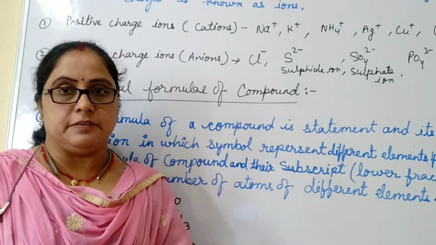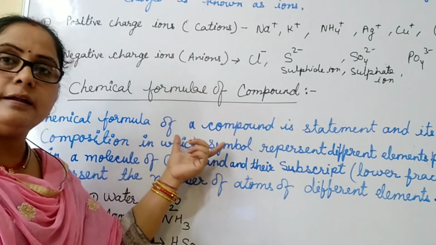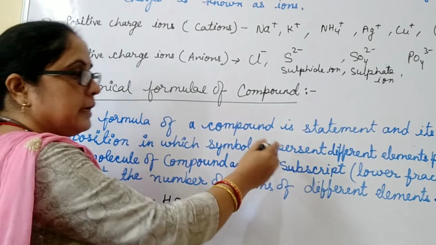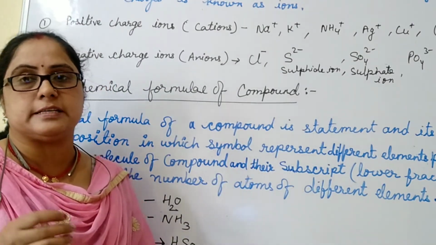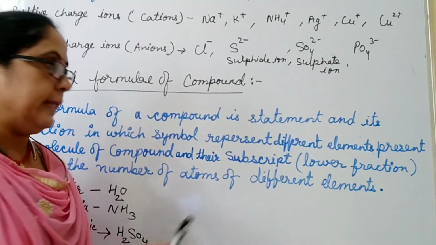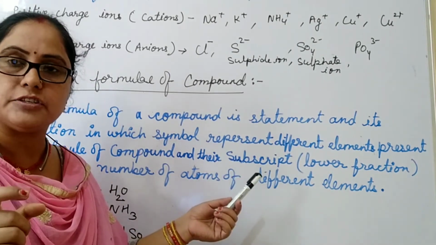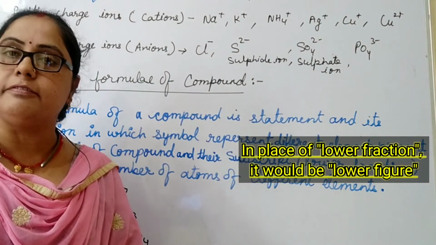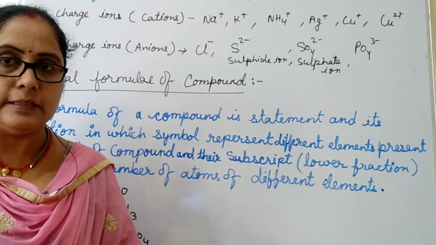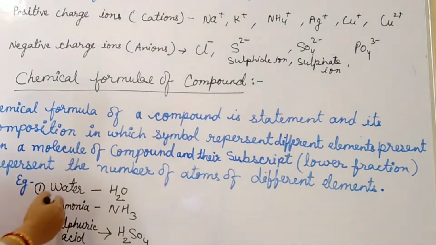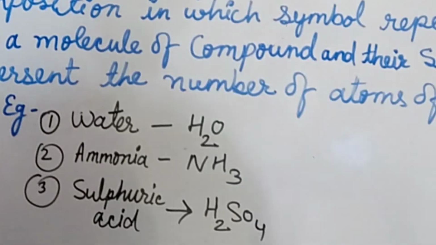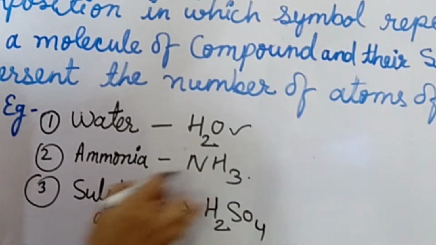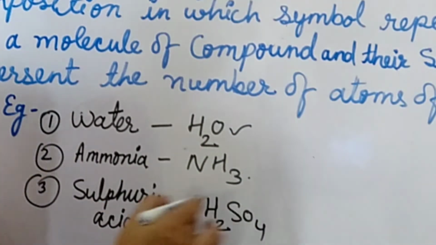Chemical formula we can define as a statement of composition in which different symbols represent the different elements present in a molecule of a compound, and their subscript, meaning the lower figure, represents the number of atoms present in a molecule of the compound. With examples we can make this clearer. For example, the formula of water is H2O, formula of ammonia is NH3, formula of sulfuric acid is H2SO4.